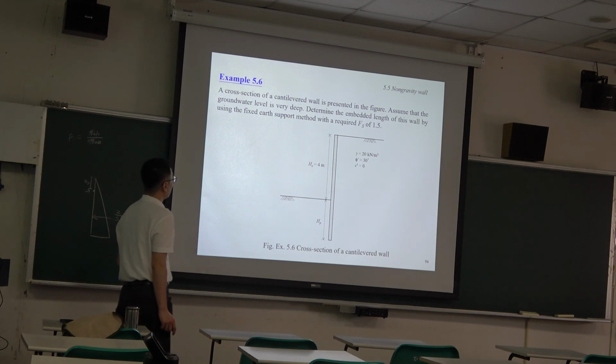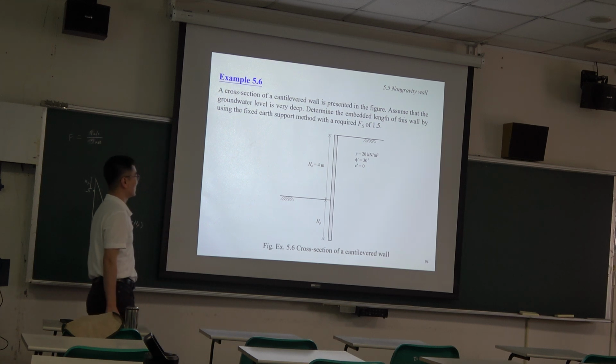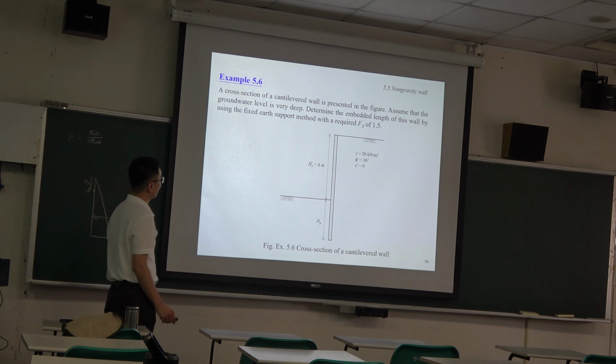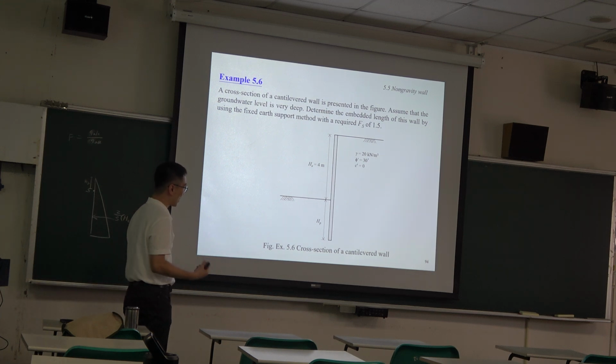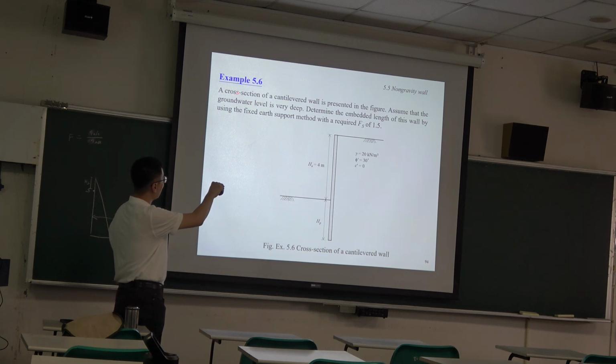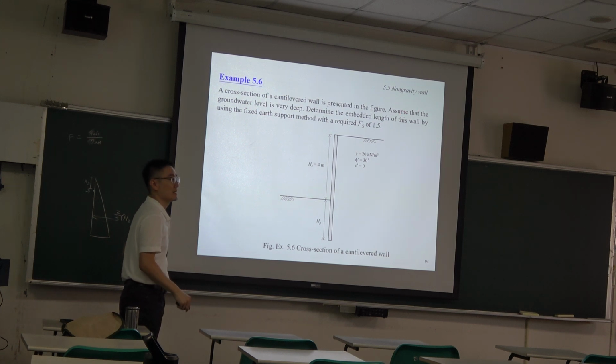So we follow this example to do the cantilever wall design, or to practice the cantilever wall calculation. We have a cross section here, which is a cantilever wall. Assume the groundwater level is very deep.